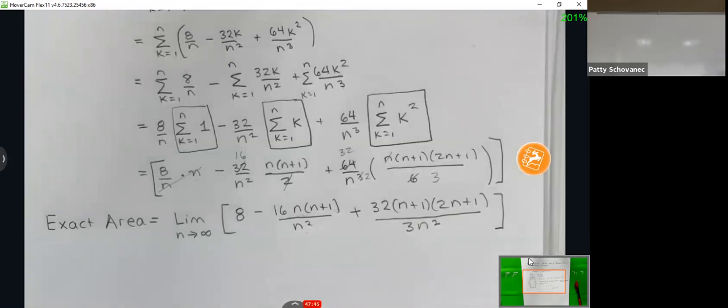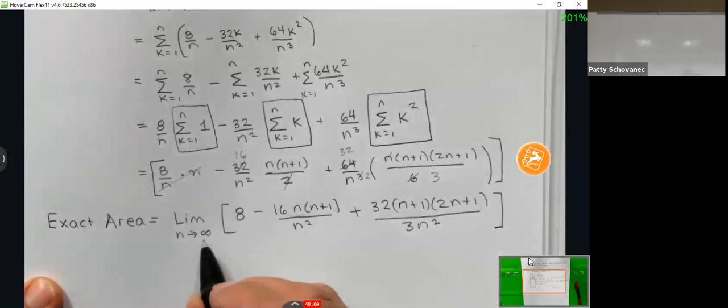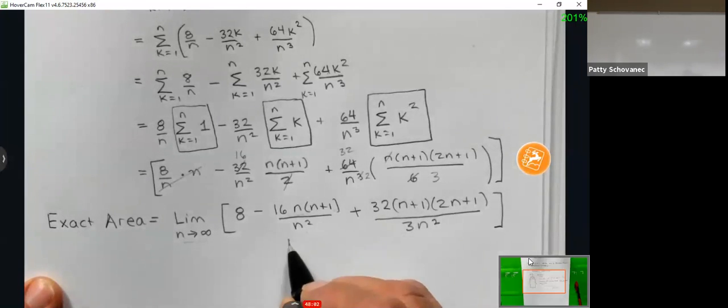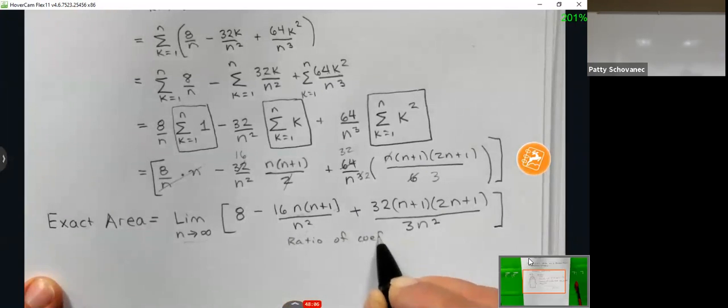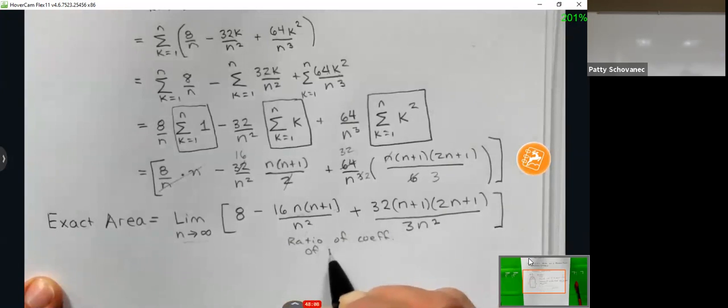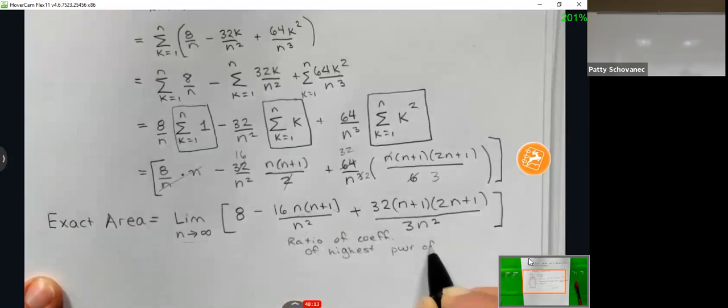Do you remember how to take the limit when the degree on top is the same as the degree on the bottom? It's just the ratio of the coefficients. So we're going to pick out the ratio of the coefficients of the highest power of n. So these limits to infinity give us the ratio of the coefficients of the highest power of n, because I know the degree on top is the same as the degree on bottom.